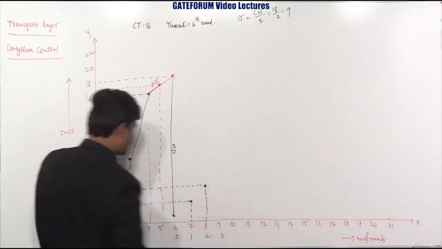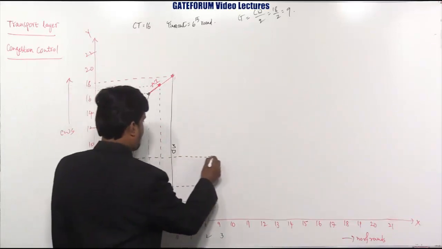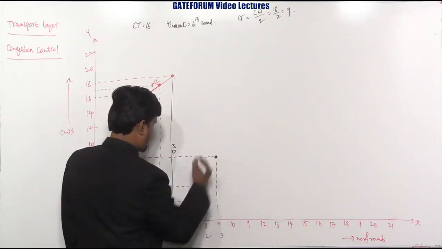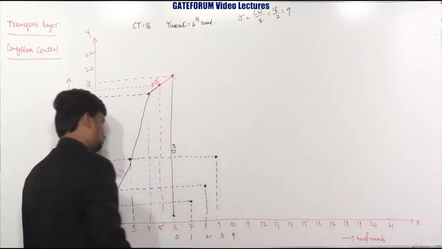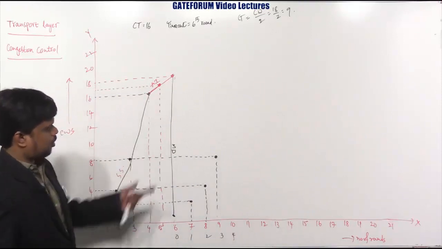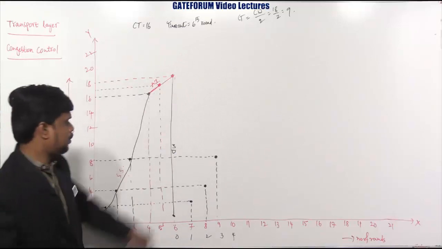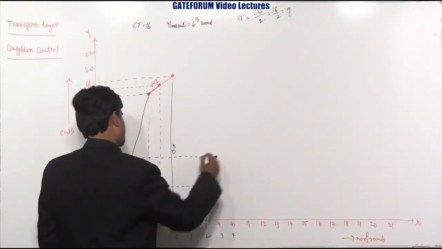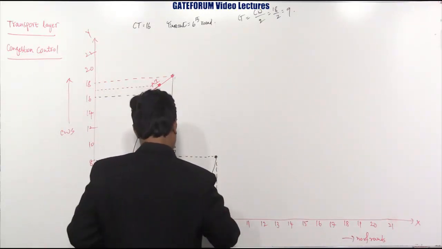The 9th round I can consider as the third round, which is 8. And the 10th round I can consider as the fourth round, but it is 16. But the congestion threshold for the next round of slow start is 9. So it means that from this point till 8, this is called the slow start phase.